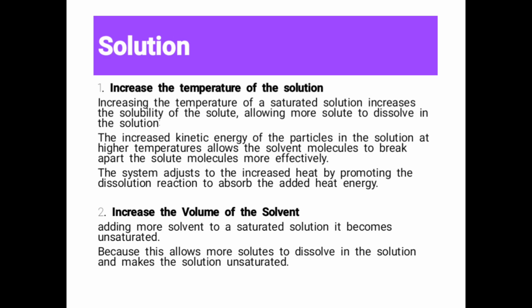Another way is to increase the volume of the solvent by adding more solvent. When you add more solvent to a saturated solution, it becomes unsaturated. And of course, we know that unsaturated can dissolve more solute at that temperature. So this is how you make a saturated solution able to dissolve more solute.